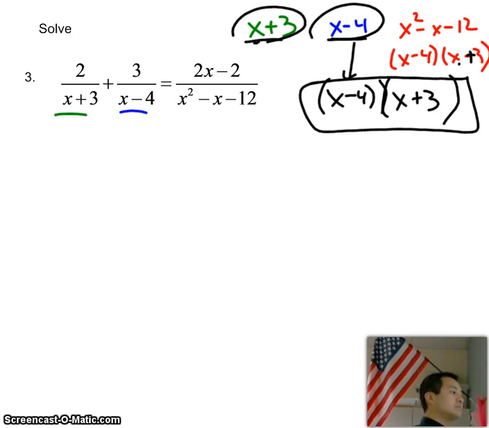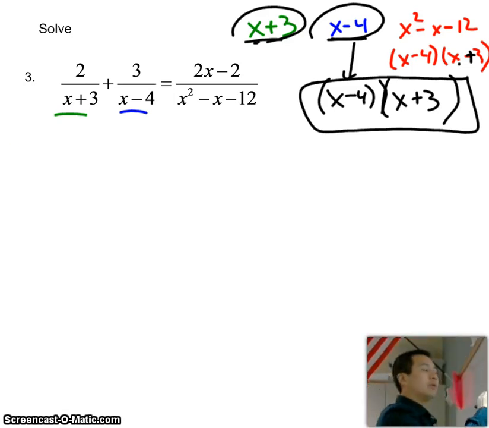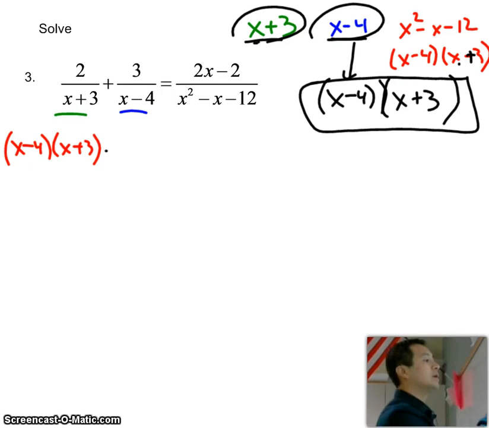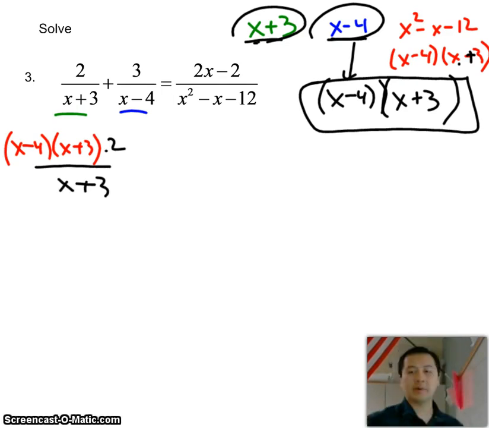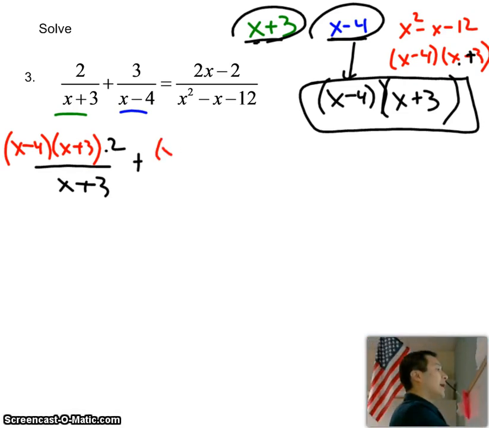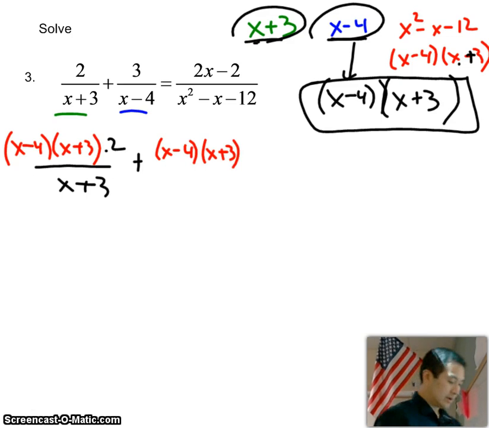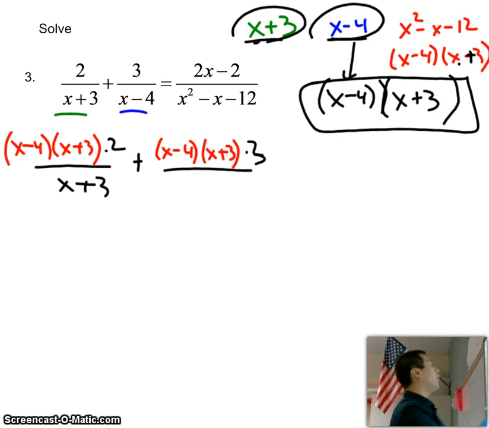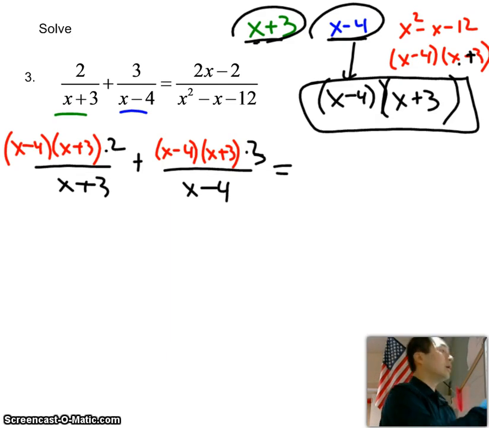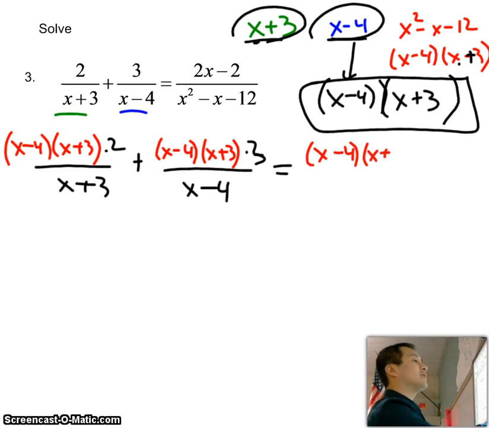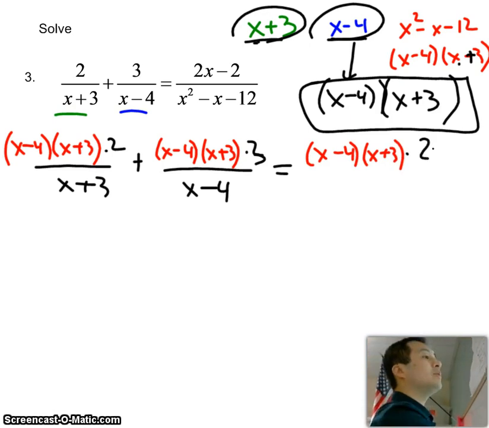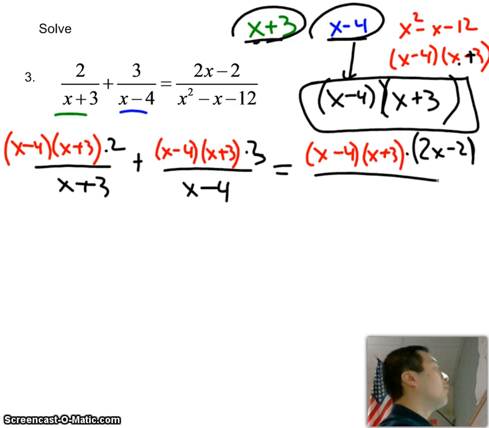Take a look. Ooh, I'm running out of room. x minus 4, x plus 3, times 2 over x plus 3. I'm just going to multiply straight across for the sake of saving room. Plus, how much time do I have? 3 minutes left. x minus 4, x plus 3, times 3 over x minus 4 equals x minus 4, x plus 3, times 2x minus 2 over x squared minus x minus 12.